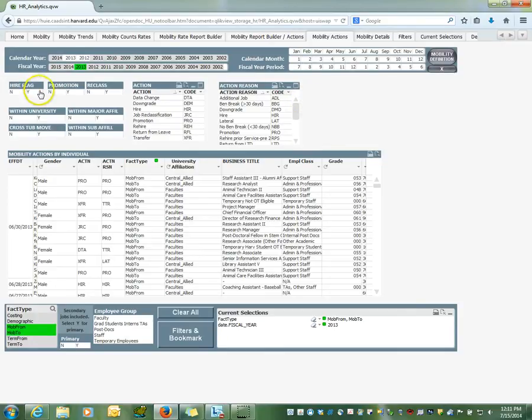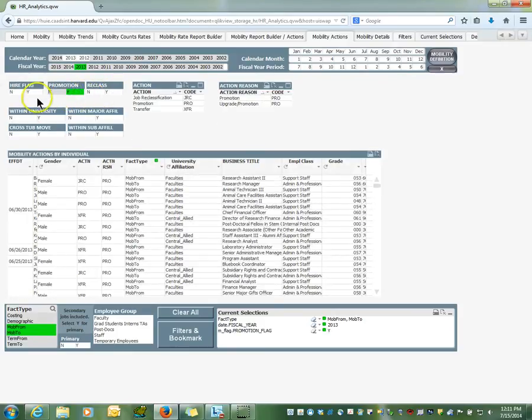There are also flags here, so if you want to focus in on the people who were just promoted, for instance, or who have had a reclassification or have not been hired, all of those flags are available for your use. You can see that the promotion now has modified what's available in these two areas. This is the action list box, and this is the action reason.